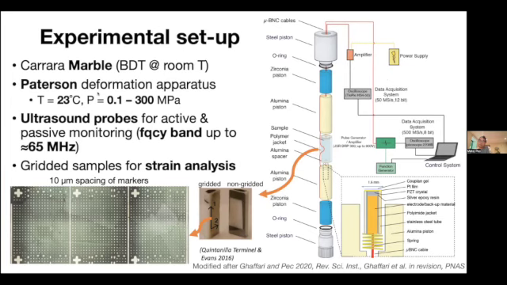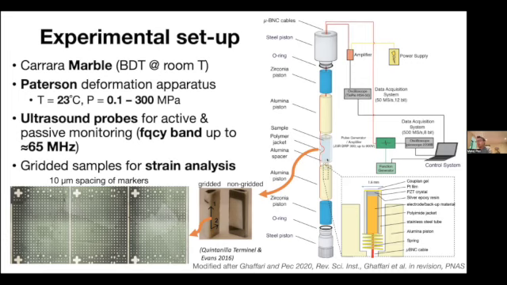We use the Patterson gas medium deformation apparatus, which allows us to go from pressures of 0.1 to 300 MPa, which is sufficient to cross the pressure range that is needed to cross the brittle-ductile transition in marbles. And we use these ultrasound probes. We have basically 2 sensors which are sitting right on top and below the sample.